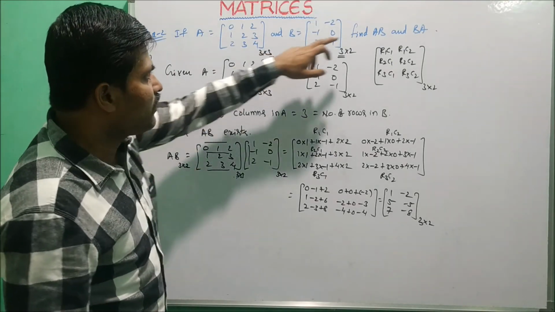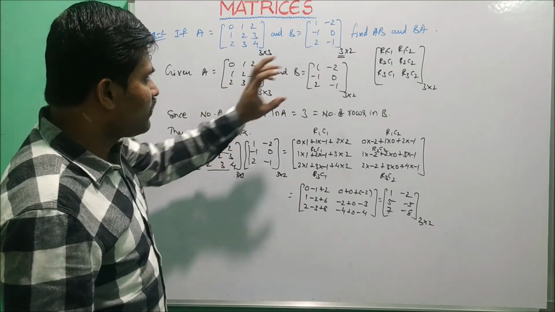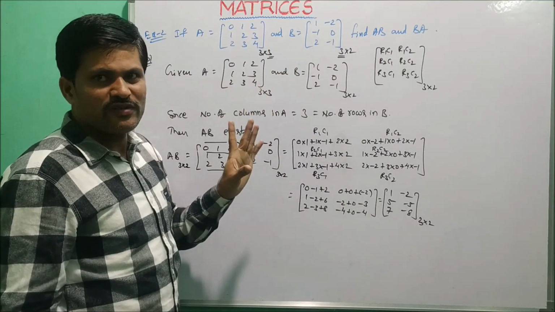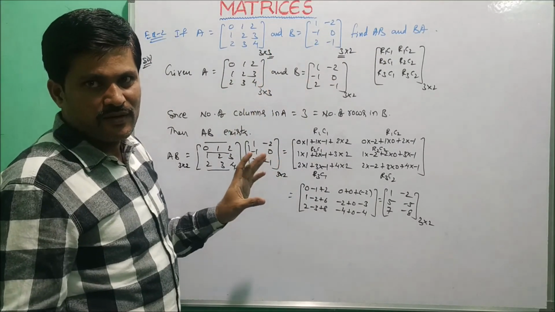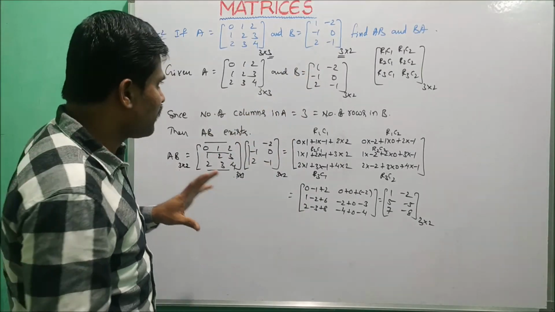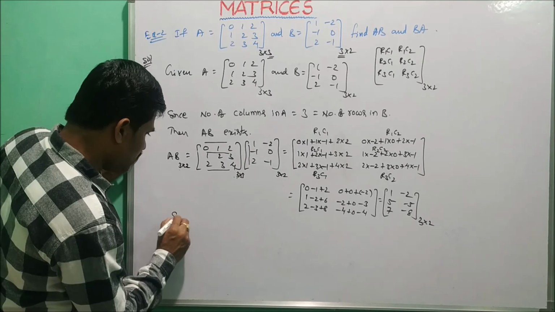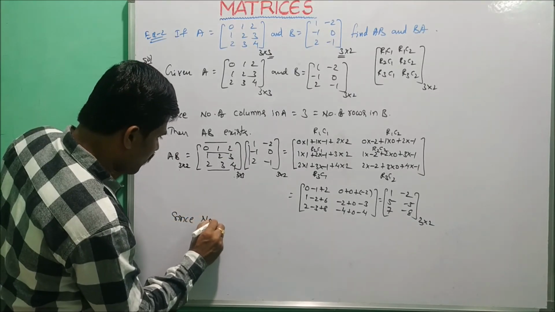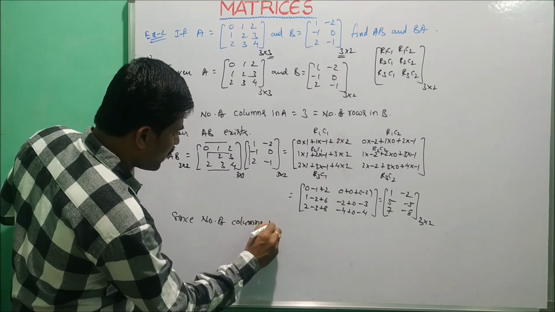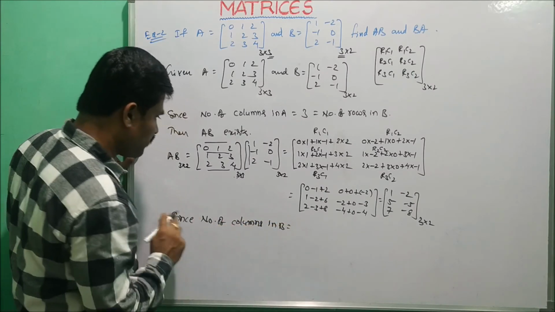Similarly, to find BA: does BA exist? First of all, we check whether the multiplication condition is satisfied or not. For BA to exist, the number of columns in B must equal the number of rows in A. So here we take BA.